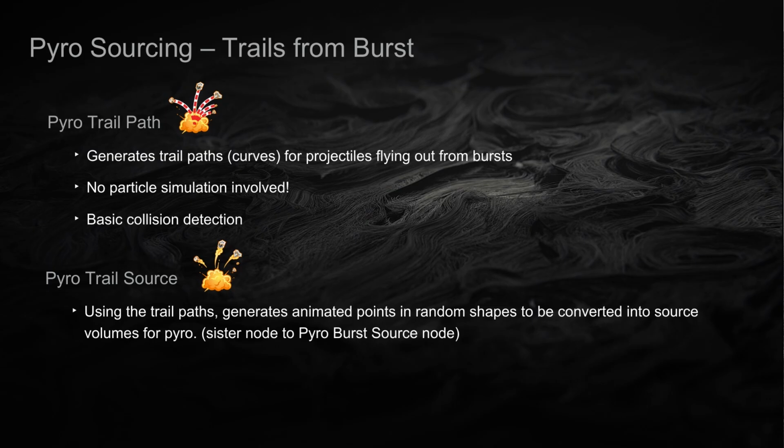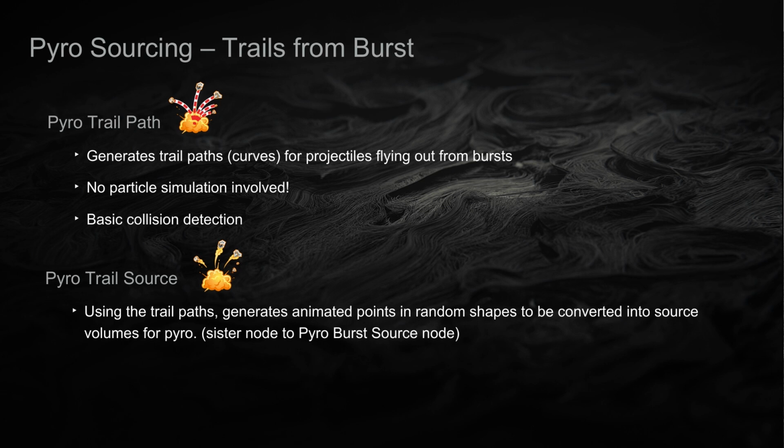Then these are only the paths, but the question you can ask is, how do we get the actual points? How do we get animated points out of these curves and use them as the pyro source? The answer is the Pyro trail source node, which I consider the sister node of the Pyro burst source node.